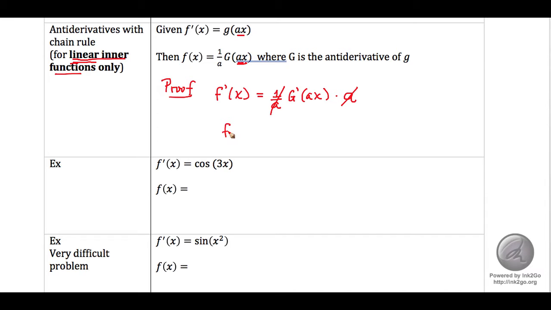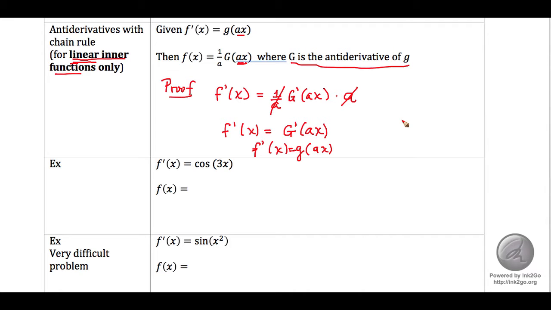And so we get that f prime of x would be equal to big G prime of ax. But we're told that big G is the antiderivative of little g. So we can rewrite this finally as f prime of x is equal to little g of ax.